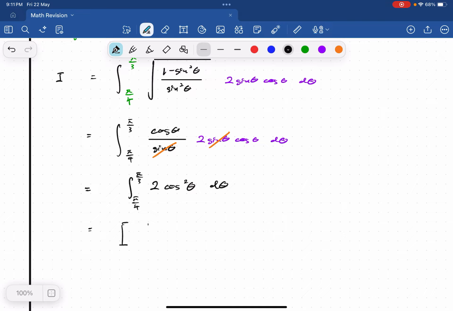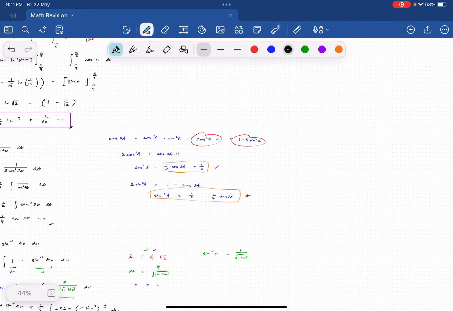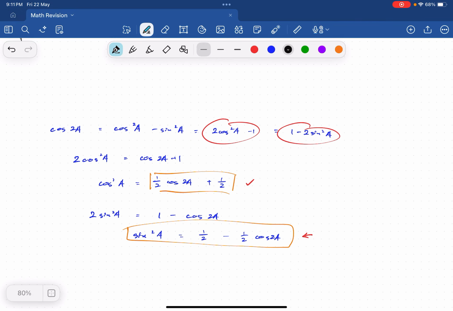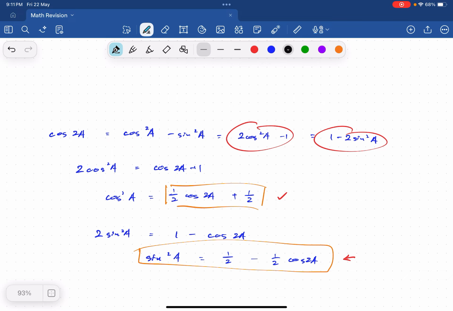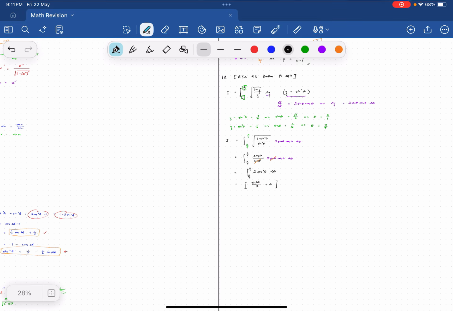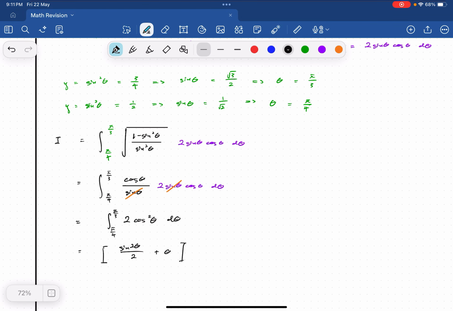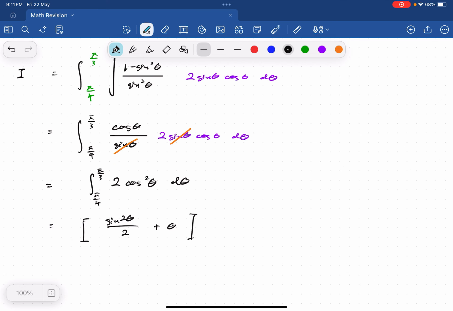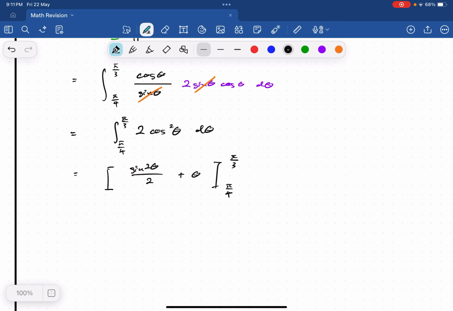This will become sine 2 theta over 2 plus theta, correct, right? Let's check our double angle formula. Cos squared is 2 cos squared. Yeah, it's correct. So this is going to be pi over 3 to pi over 4, and then now comes the difficult part of subbing in everything.